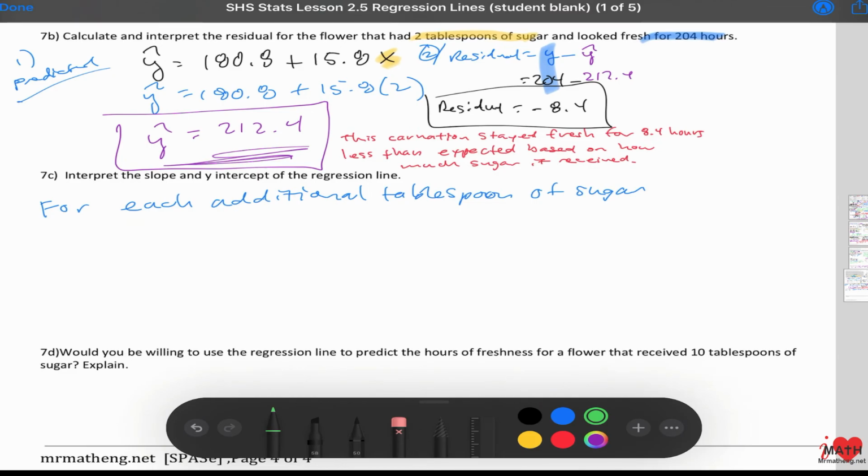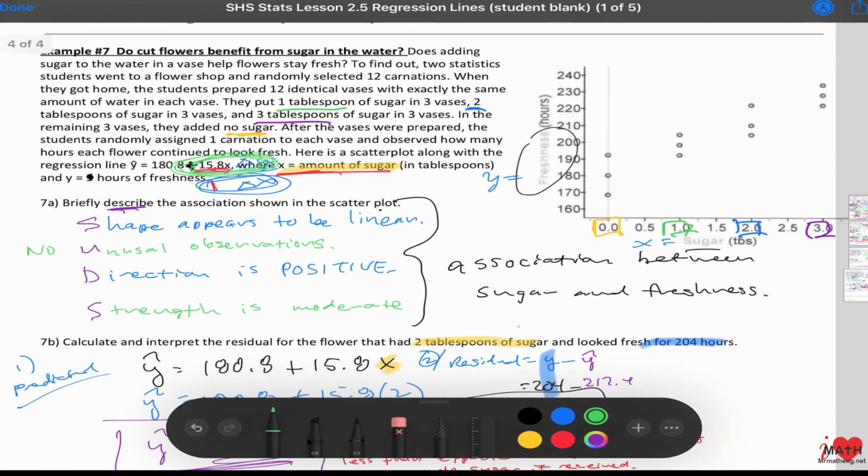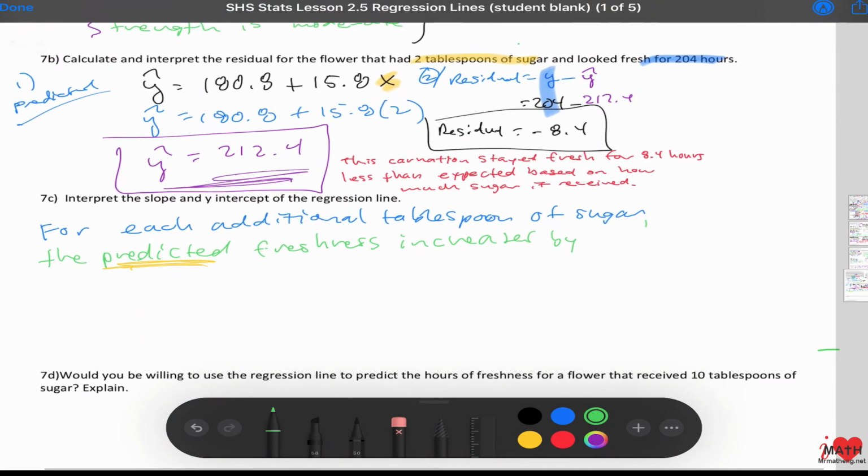So the predicted, I'm going to underline that word, that's a big idea. The predicted freshness of the flower increases. You have to have units here, by 15.8 hours.